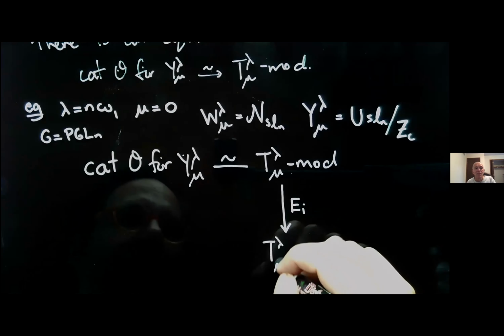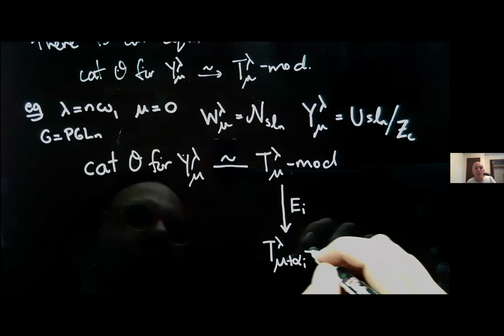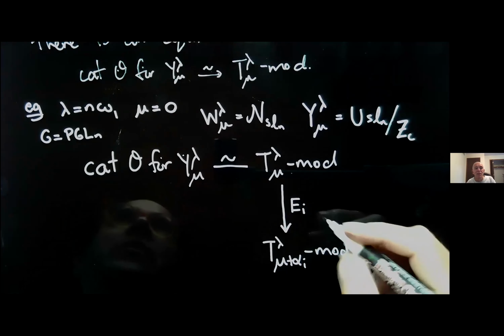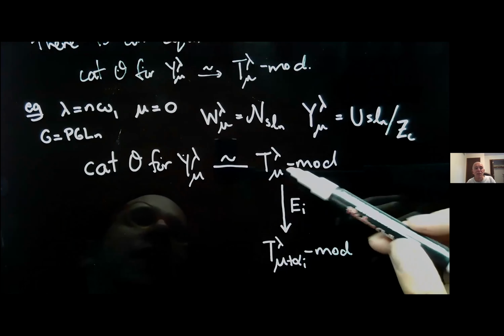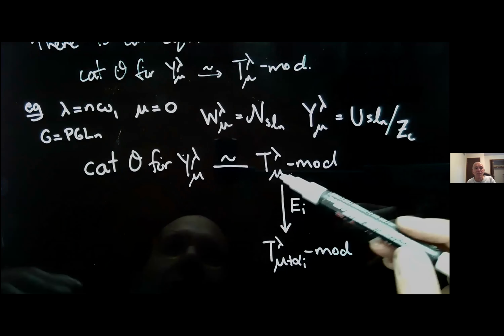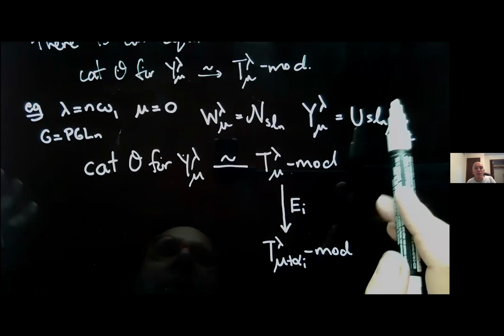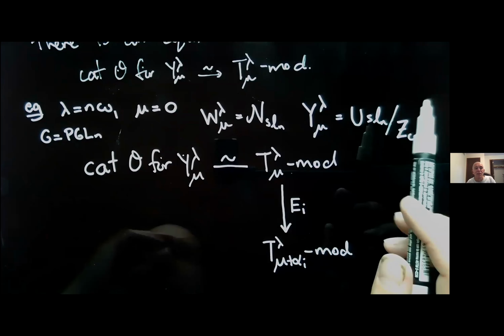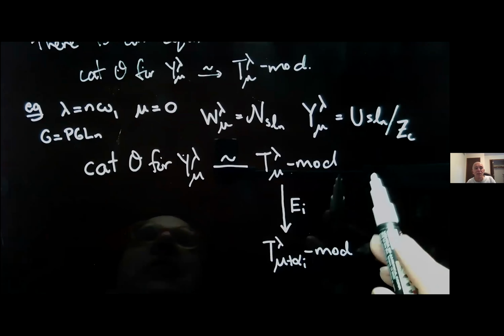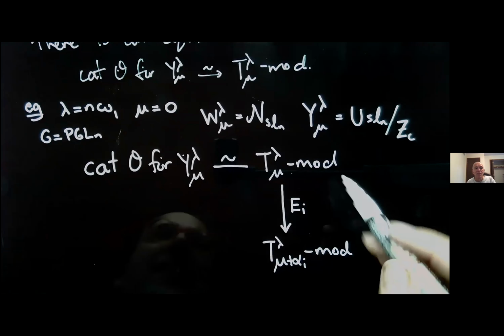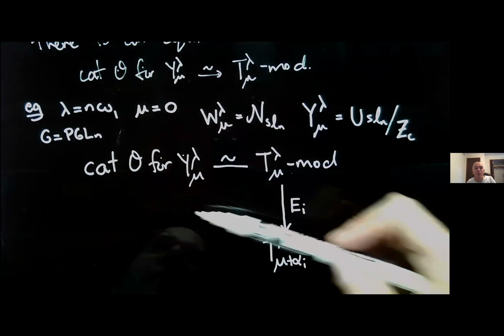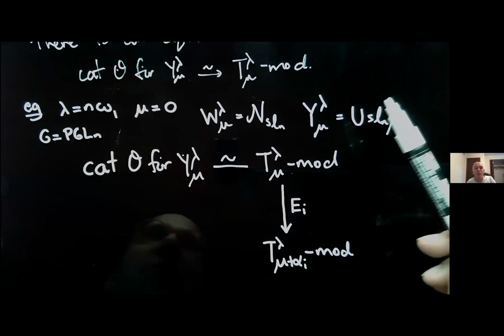This functor exists because of, I didn't define this T lambda mu, but it's defined diagrammatically. It's an algebra defined by certain diagrams modulo certain relations. The diagrammatic form was developed by Khovanov-Lauda, the non-diagrammatic form was developed by Rouquier, and some generalization which is needed in this theorem was developed by Webster.